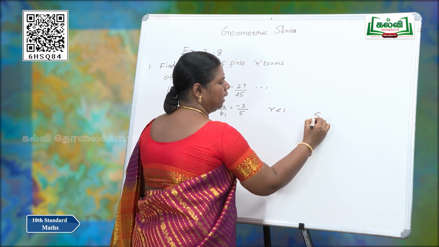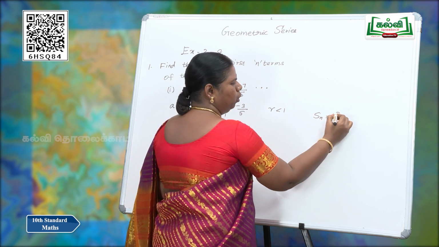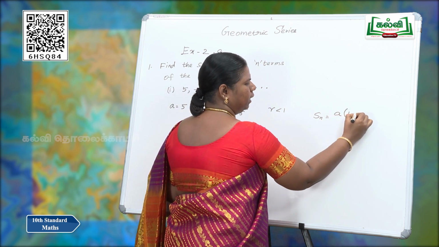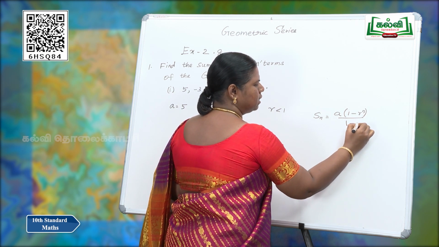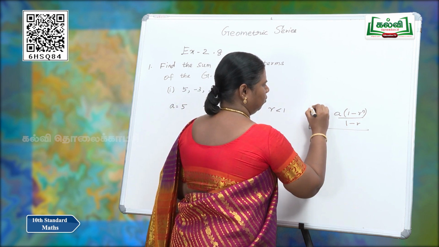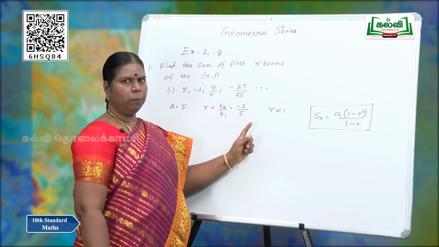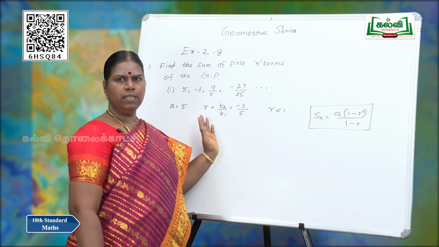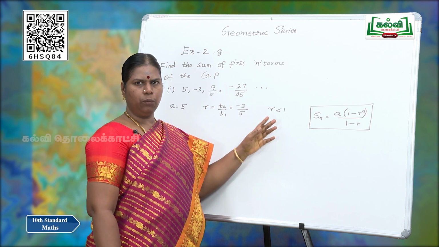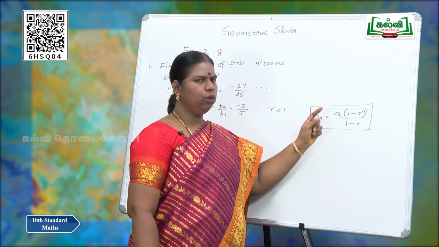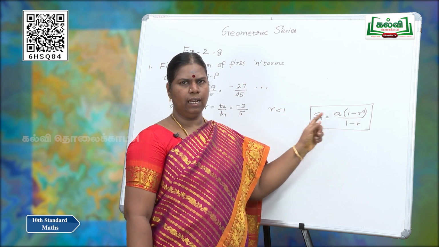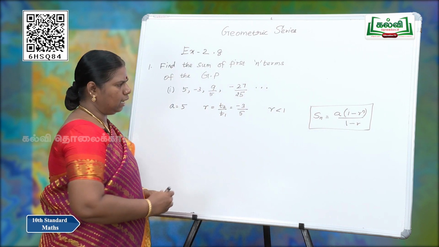Hence, the formula Sn is equal to A into 1 minus r power n by 1 minus r. The common ratio of the given sequence is less than 1, hence the formula Sn is equal to A into 1 minus r power n by 1 minus r.